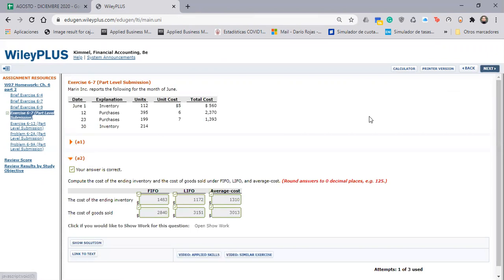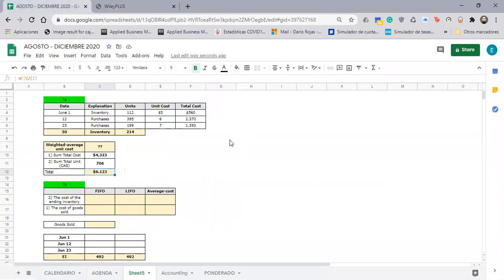Then for the second exercise, we need to compute the cost of the ending inventory and the cost of the goods sold under FIFO, LIFO, and the average cost. We will return to the Excel tab that we made before, and we're going to resolve this exercise. First, we need to find how many the company sold during the month.